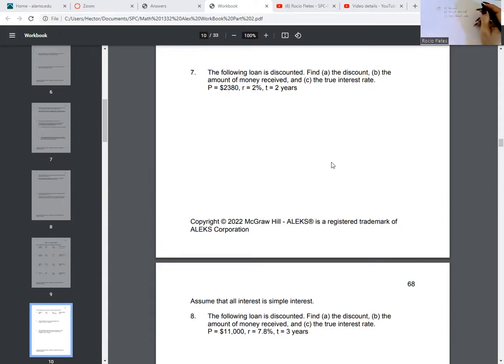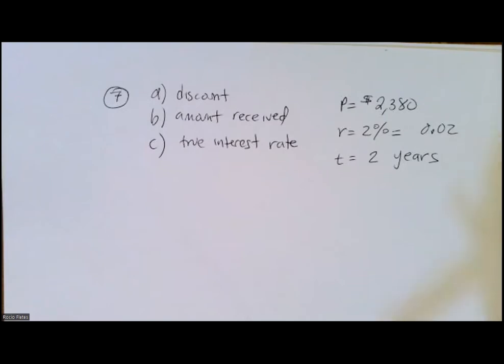What we know is that the original principal is 2,380. The interest rate is 2%, which I'm just going to write as 0.02. And T is already given in years, so I don't have to convert. It's 2 years. Once I have all this information, then I can start working.